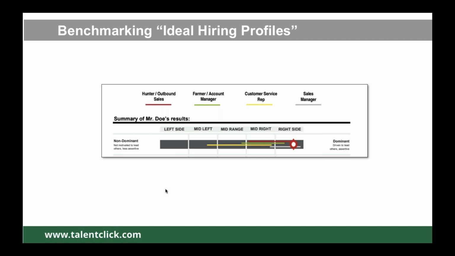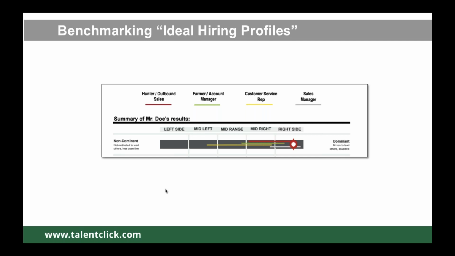By the way, the starburst, the red and white marker, is the score for an individual. So you can see this particular person falls inside the benchmark range for sales manager, which is in gray, and the red, sales hunter, but outside the range for an account manager or farmer, and definitely outside the range for a customer service rep. So if you put this particular applicant in a CSR role or an account manager role, they may go squirrely, they may get antsy, it's not challenging enough for them.